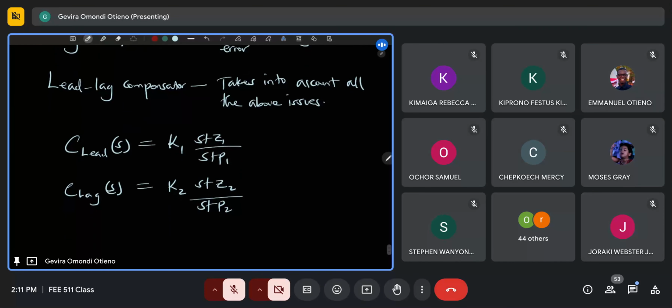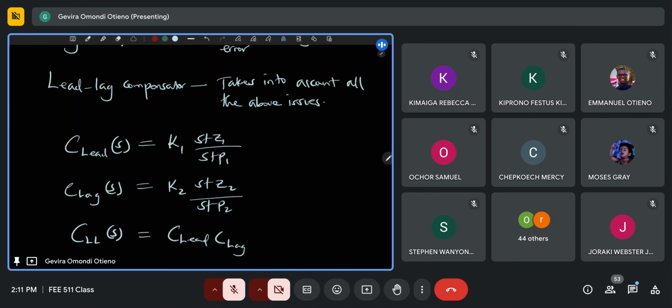And of course, when you do the lead-lag compensation, you have to combine both the lead and the lag. I'll write it like this, where you have to combine the lead and the lag compensation.